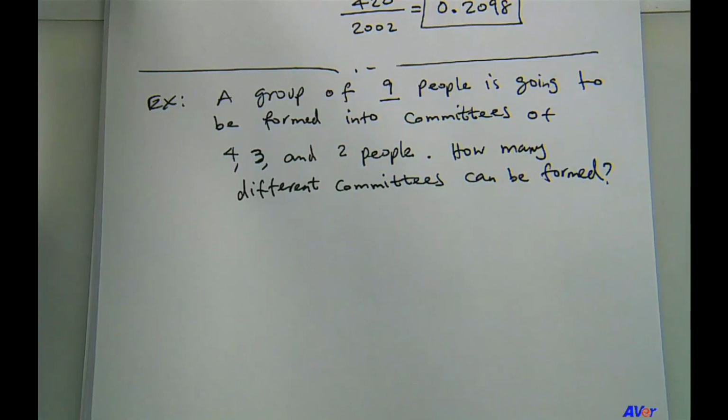Again, if you have a committee that is talking about people that are ranked, like the president, the vice president, the treasury secretary, that is a clue to you that order matters. So that would be a permutation calculation, but not here.